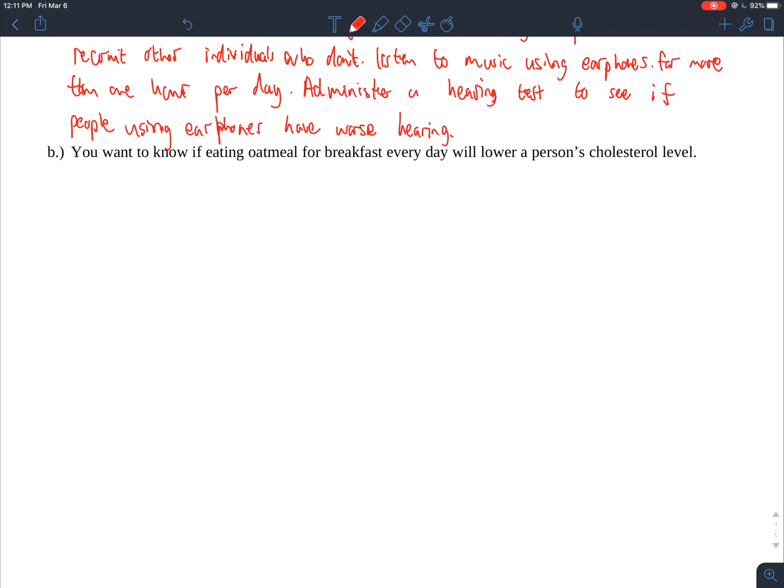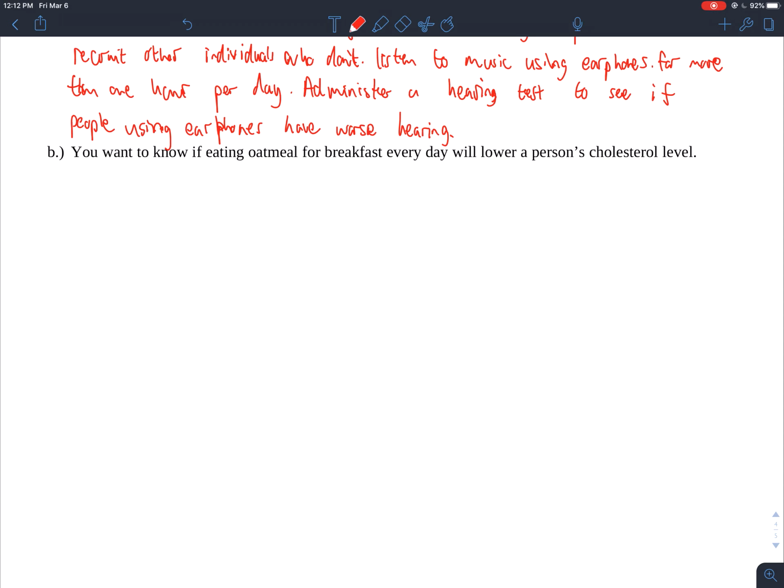All right. Then, you want to know if eating oatmeal for breakfast every day will lower a person's cholesterol level. Okay. So what you can say is, get some volunteers. I think there's obviously not an ethical problem here.